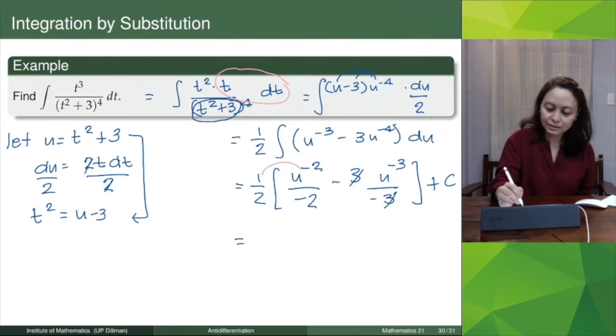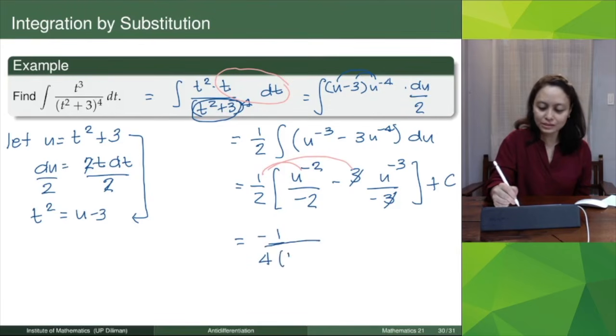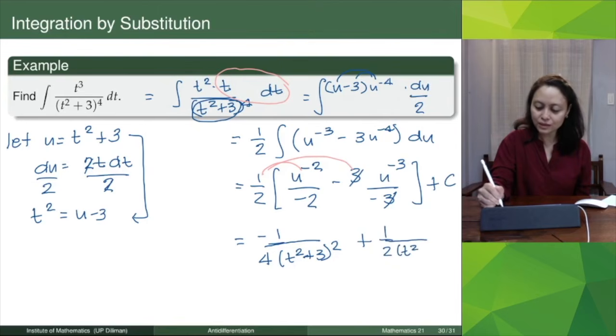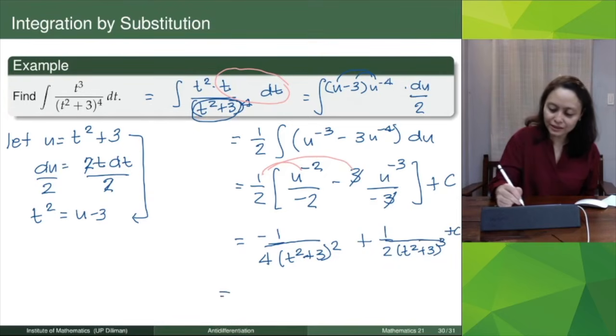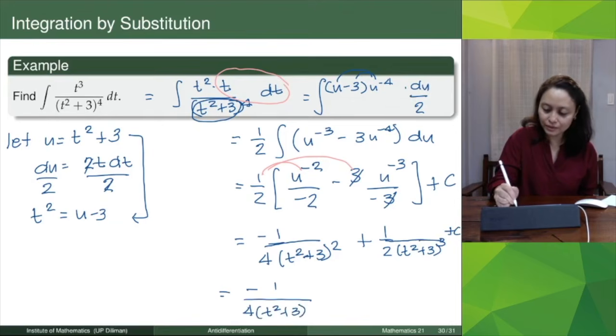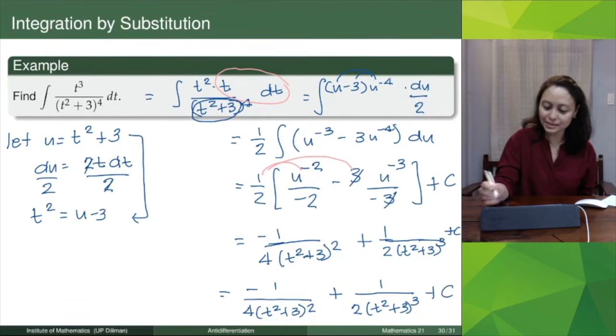Kita ba? Distribute dito. We have negative 1 over 4. Okay, yung u, ibaba na rin natin. U is t square plus 3 square. Tapos ito, negative, negative. So, plus 1/2 na lang. Tapos, u to the negative 3 or t square plus 3 raised to 3 plus c. Okay, ayusin ko. Negative 1 all over 4 t square plus 3 square plus 1 all over 2 t square plus 3 cube plus c. Okay.